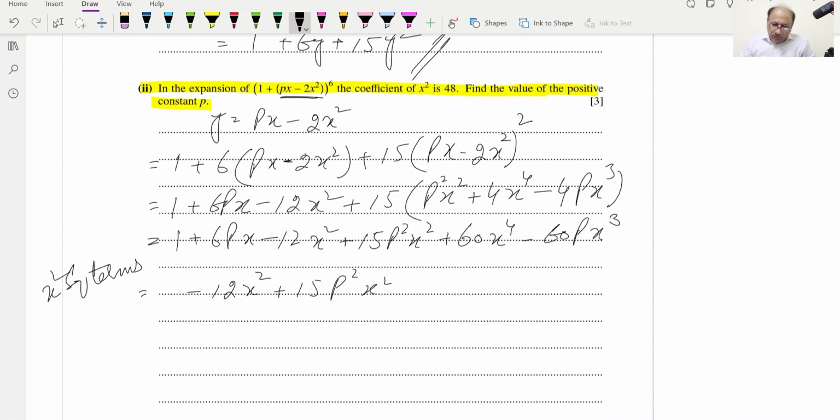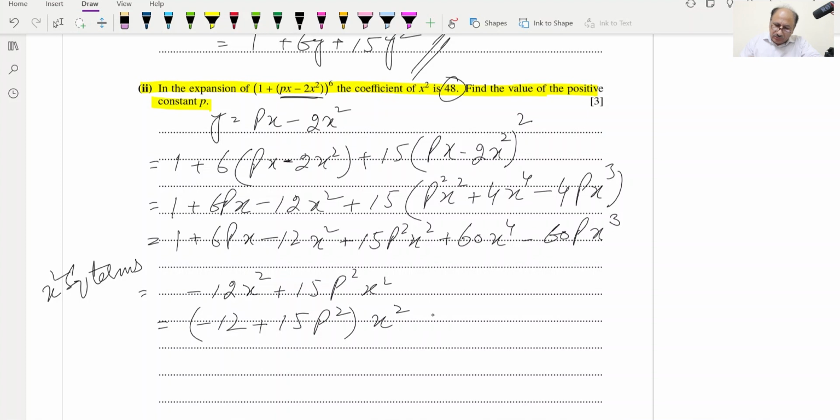The rest do not contain x squared, so we restrict our equation to this one. Taking x squared common, this will be (-12 + 15p squared) x squared, and we know that this is equal to 48.